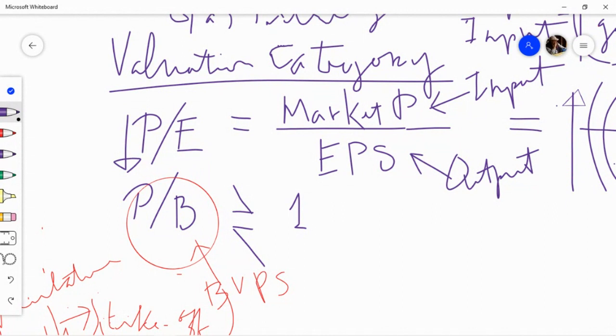Obviously, all that positive expectation of the company is pushing up the market price, and you have to look at the PEG ratio. I mean, if the market price is way higher than book value, then you got to check the price earnings ratio. Is it higher than the industry average?